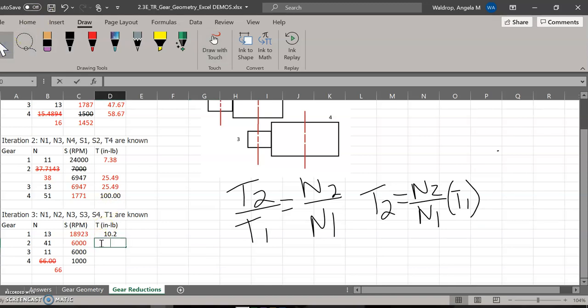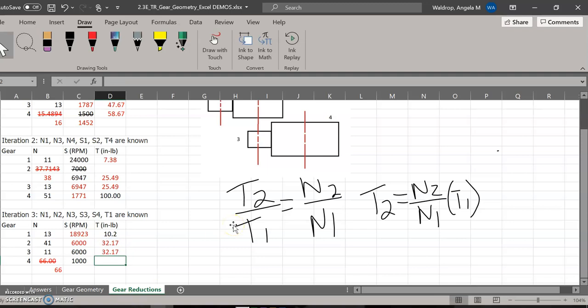And I'll go ahead and do my calculations here. My N2 over N1 times my T1. And I know T2 and T3 are on the same shaft. So I'm going to go ahead and make them equivalent.